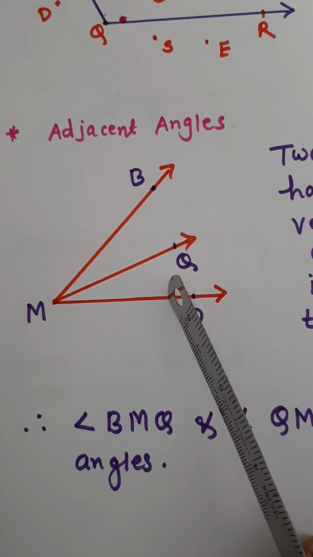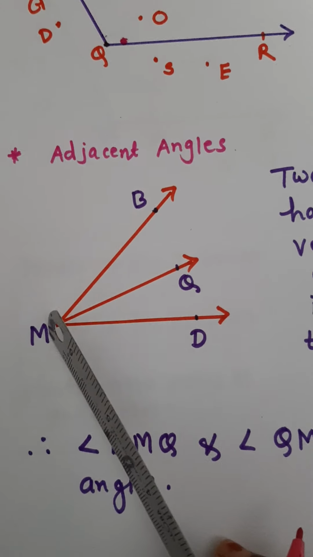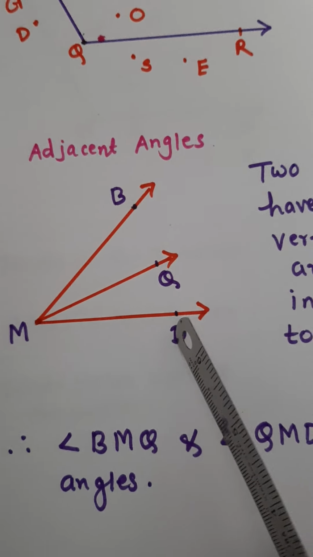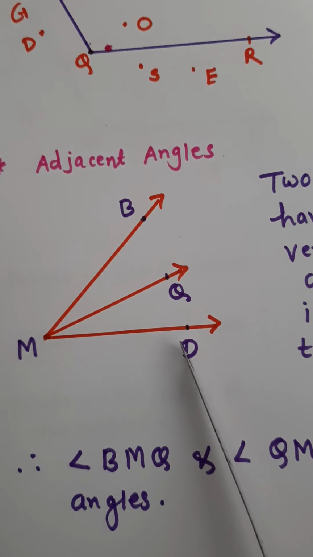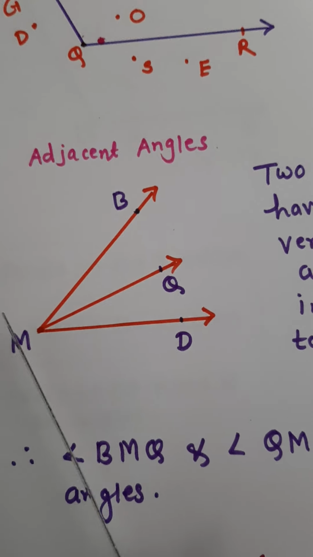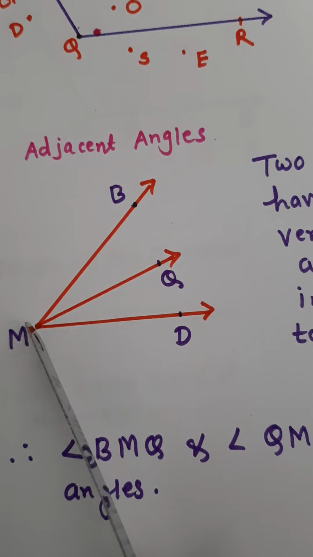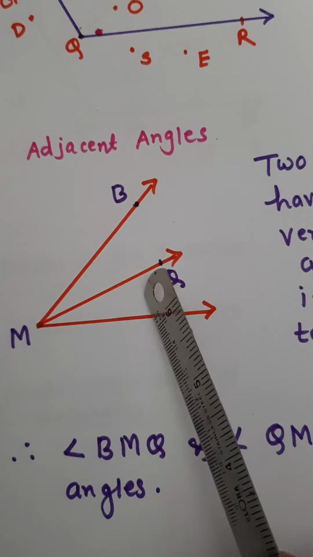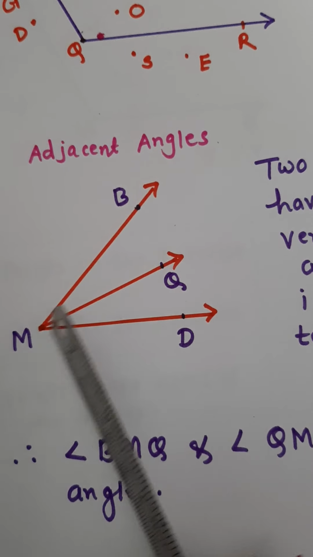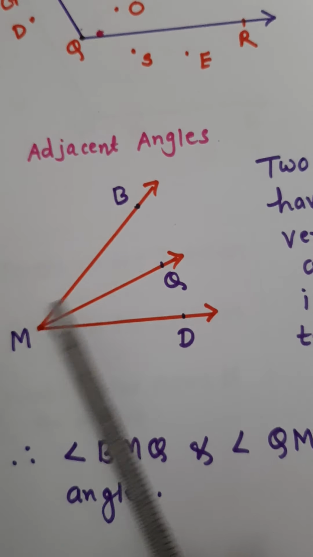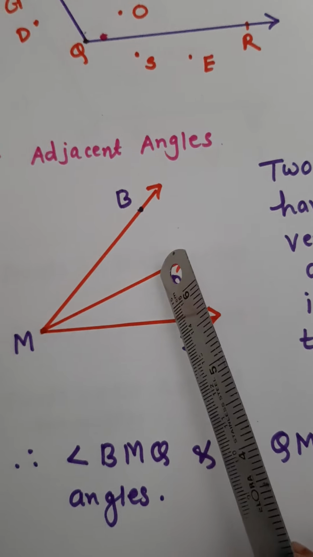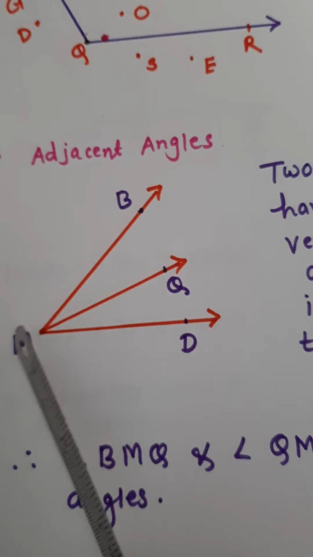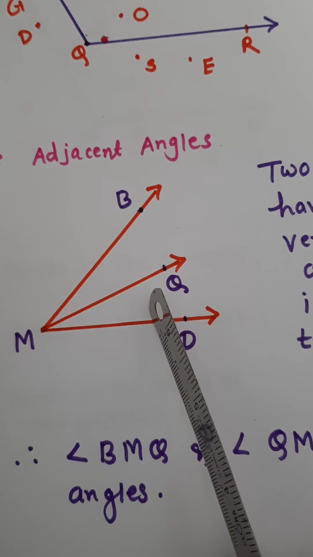First similarity, both have the same vertex, point M. Then you see angle BMQ. MQ is one arm of this angle. Now read angle QMD. Here also QM is one arm of this angle.